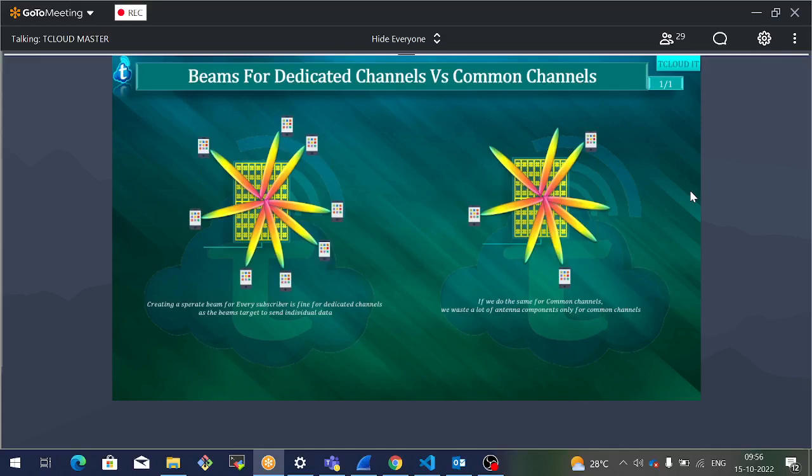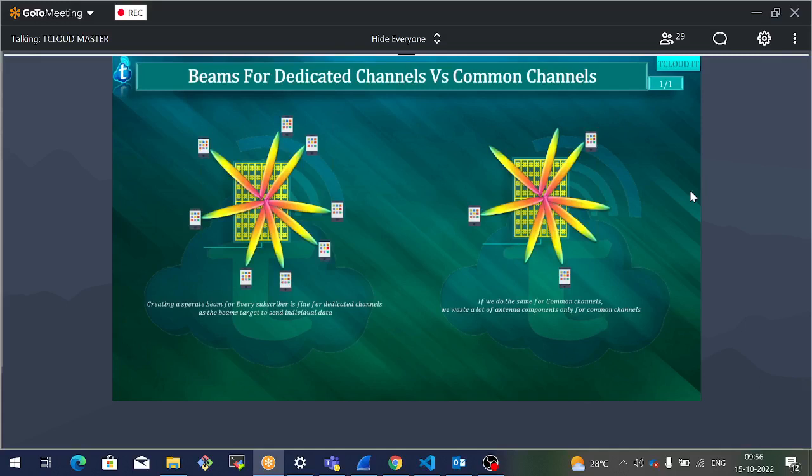So if you decide to keep these beams permanently throughout in all directions, to help different subscribers who are popping up in different locations, you would be wasting a lot of antenna elements creating that many number of beams.